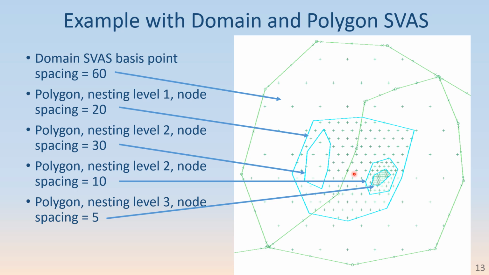This other one over here is also nesting level 2, but inside of it the basis point spacing is down to 10, finer than outside, which is 20. And then we have one polygon SVAS that is nesting level 3 inside this 2, which is inside the 1, and that's got a spacing of 5. So this way you can build up and place your basis points just where you need them around key features in your model.